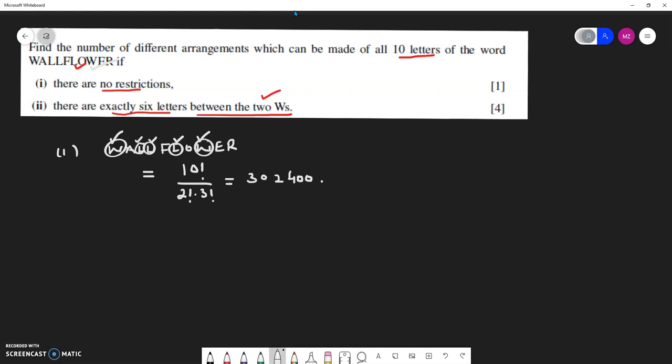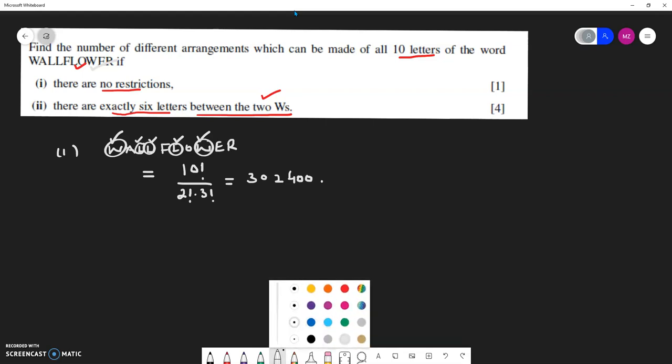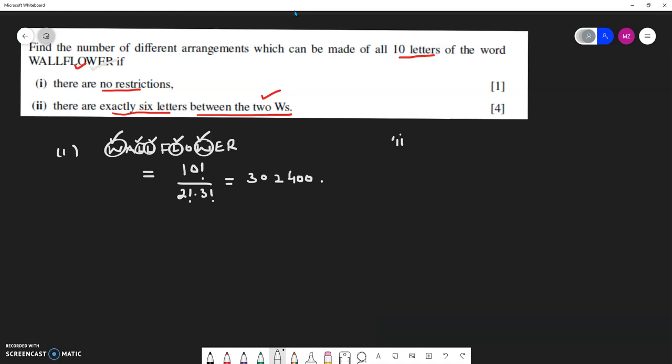Now in the second part, a restriction has been imposed that there are exactly 6 letters between the two W's. So let's take this W here and this W here. There must be 6 letters between these two W's.